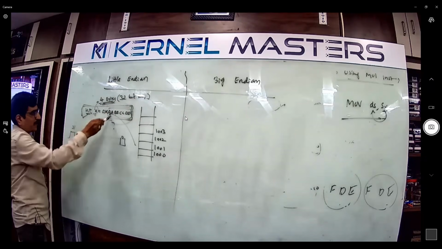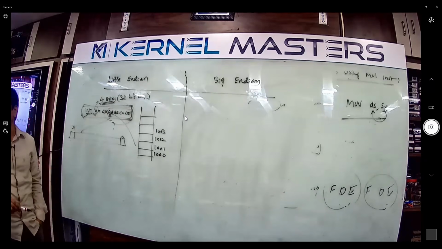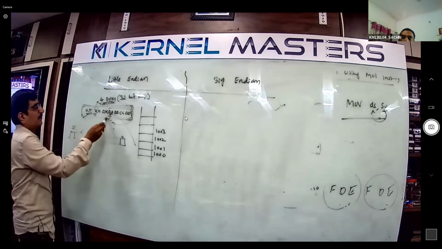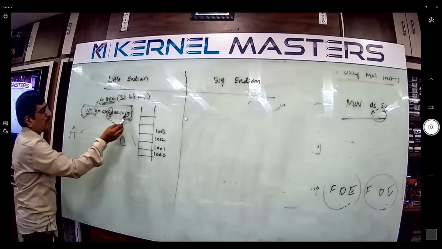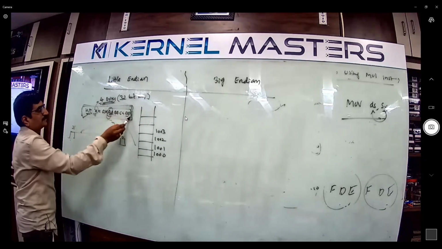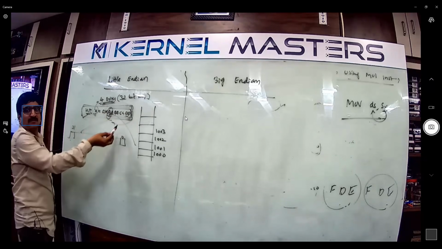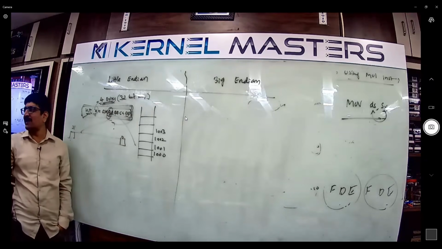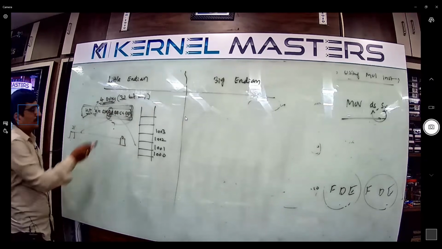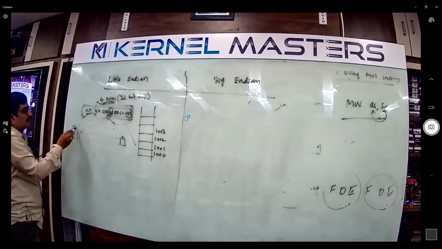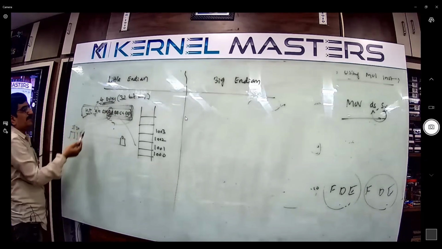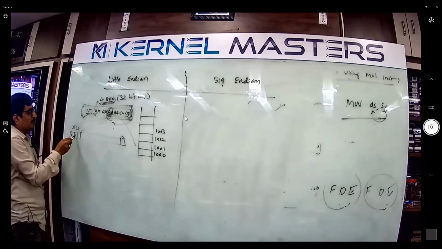You can load this value now. How many total digits? 1, 2, 3, 4, 5, 6, 7, 8. 8 hexadecimal digits. Every hexadecimal digit equals 4 binary bits. A is 10, which is 1010.